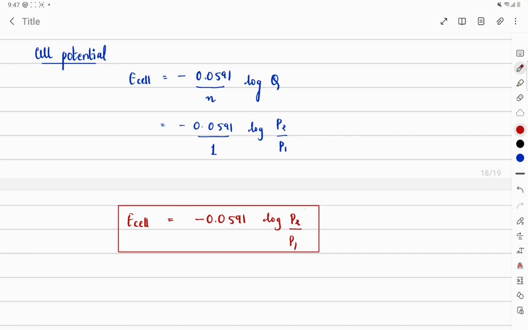Only then P2 by P1 will become a value less than 1. So log of that number which is less than 1 will be negative. Negative into negative becomes positive. Hence E cell value becomes positive and the cell will be feasible. So for a feasible cell, you need P1 greater than P2.